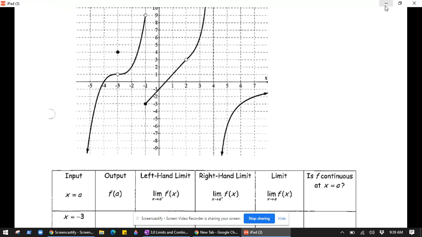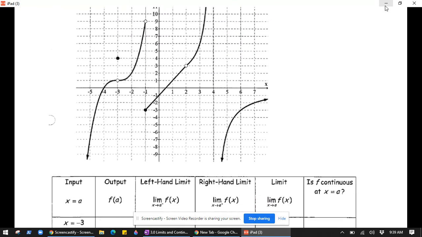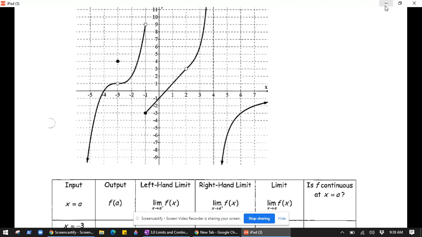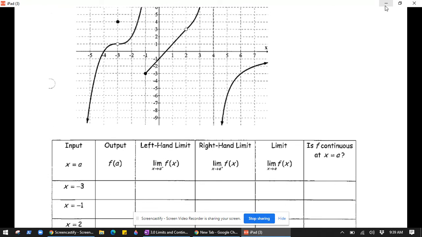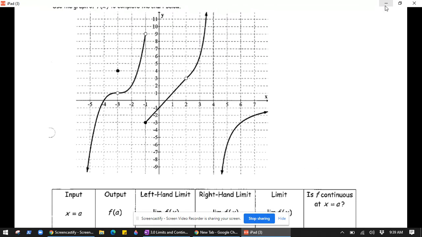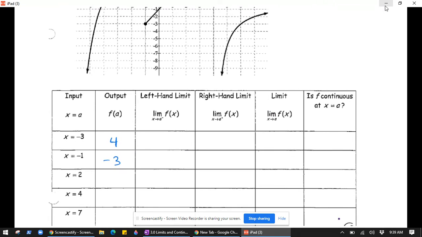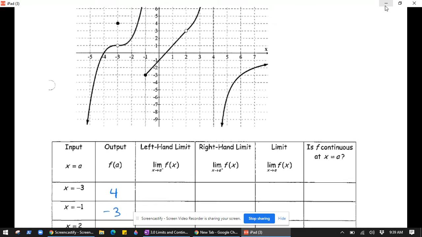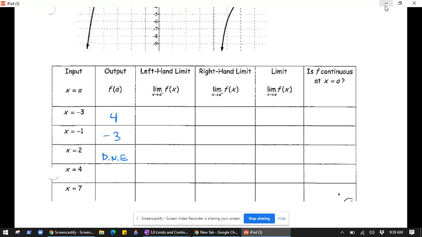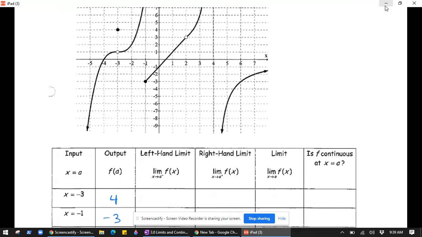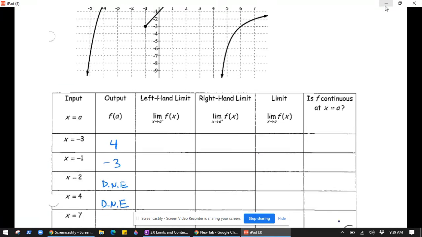I'm going to note from this graph that f of negative 3 is equal to 4. f of negative 1 is equal to negative 3. f of 2 does not exist. f of 4 does not exist because of the vertical asymptote. And f of 7 does exist; that's equal to negative 2.